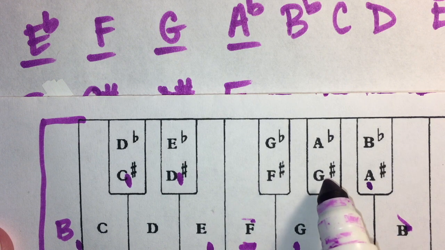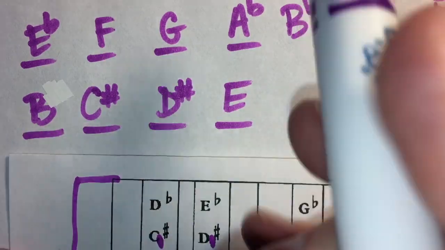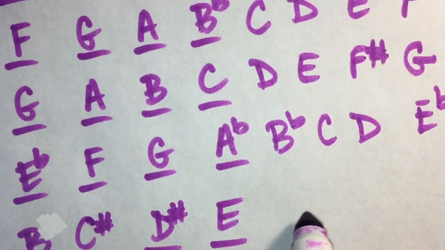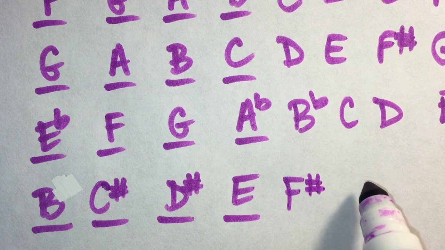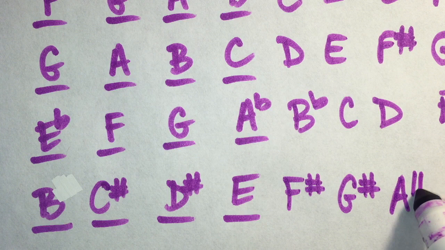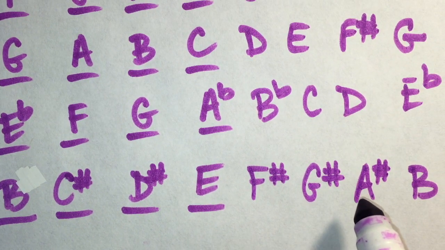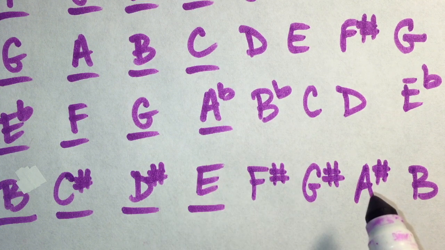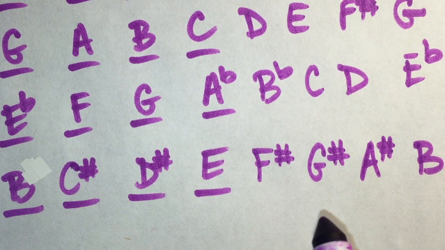F sharp, G sharp, A sharp, B. We have to use sharps because we're already using sharps down here. Notice that this is A sharp and not B flat, because if we had a B flat, then we would have two B's in a row. You can only have one of every letter.